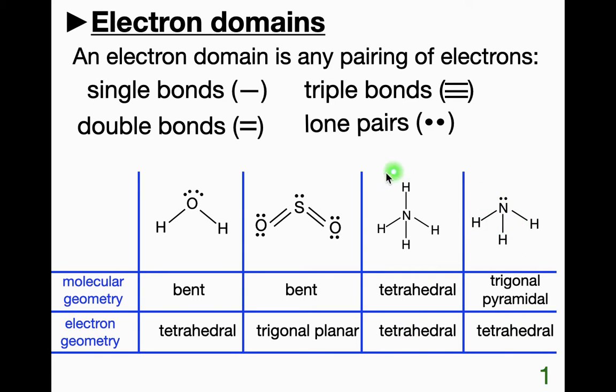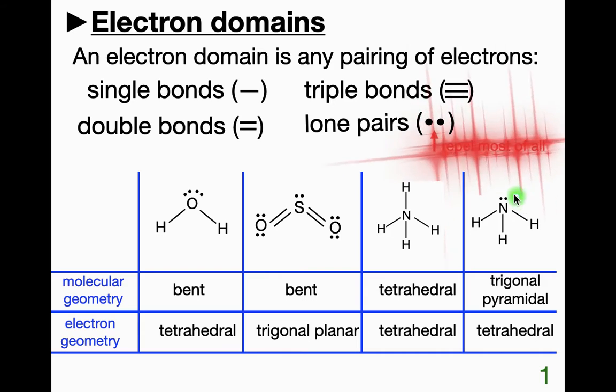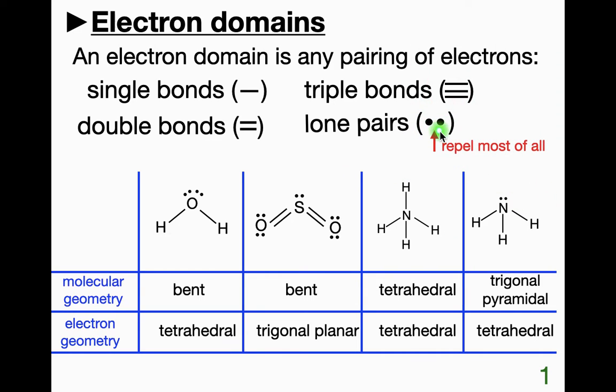We can also talk about the distinction, the differences between the bond angles. And that's because lone pairs always repel most of all. So when we compare the bond angles between the two bent shapes here, where one we have two lone pairs on the central atom, and the next one we only have one lone pair on the central atom, we can see that that one lone pair here is not able to repel the shared pairs quite as much.